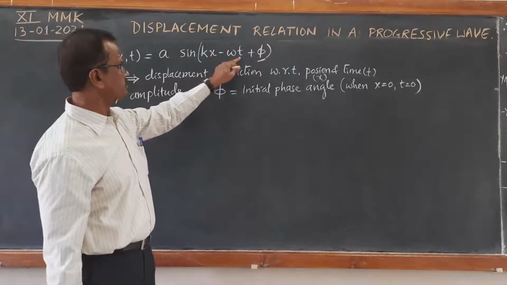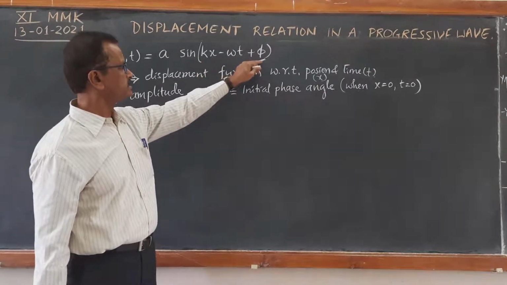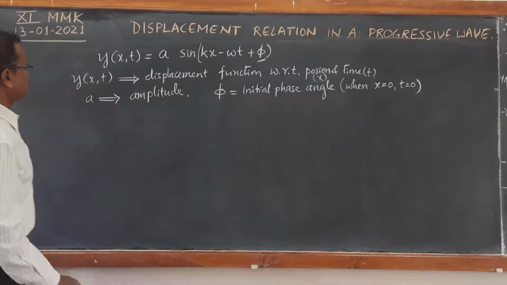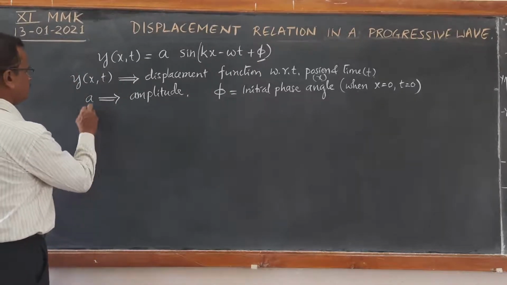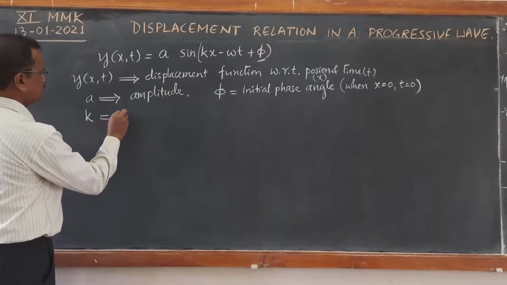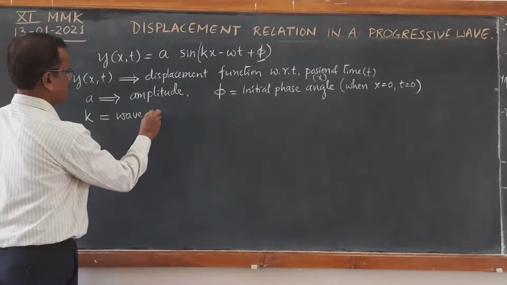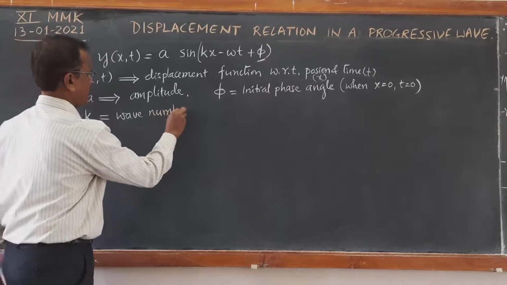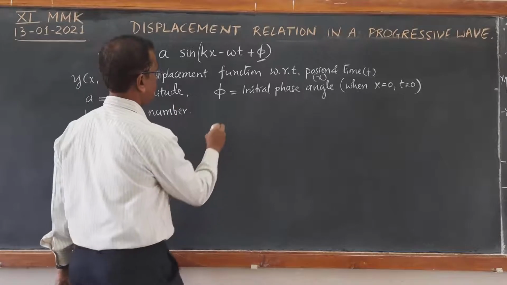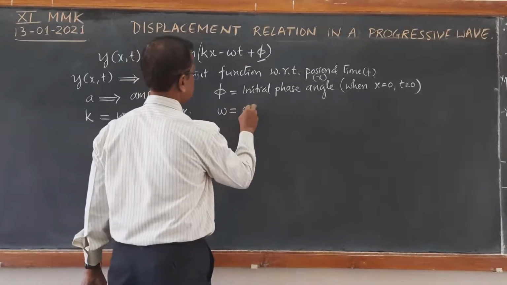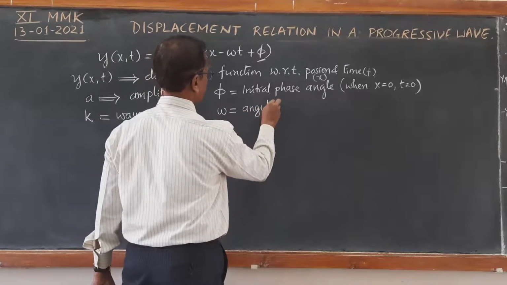If you put x equals 0 and t equals 0, then you get the initial phase phi. Then k is called wave number, and omega is called angular frequency.